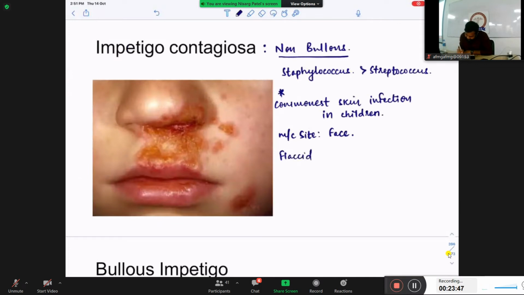The person will develop a flaccid blister. Then he will develop pus on it. And when it dries out, it will give me a honey-colored crust.